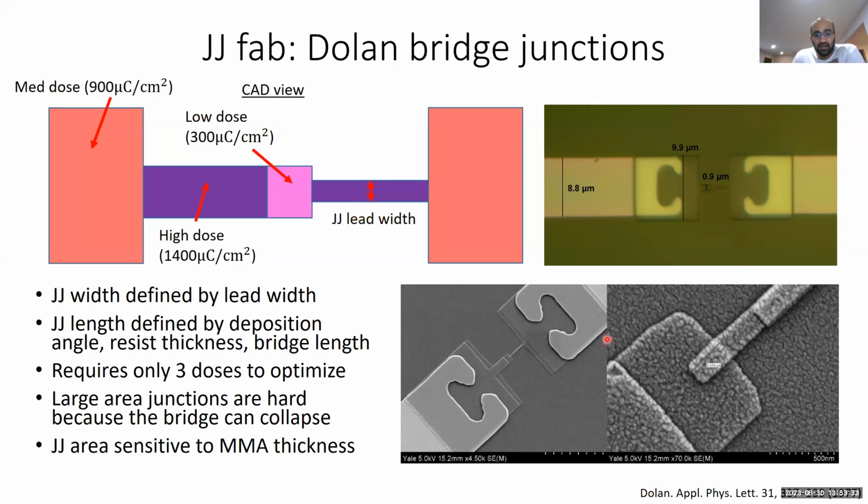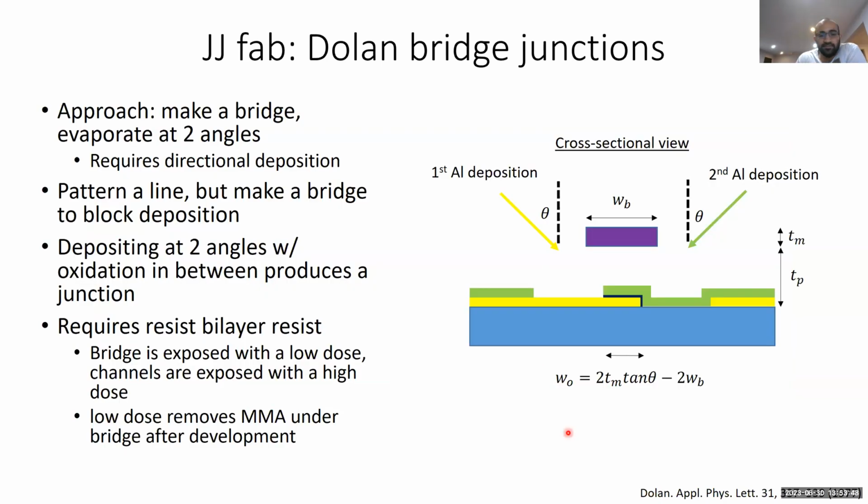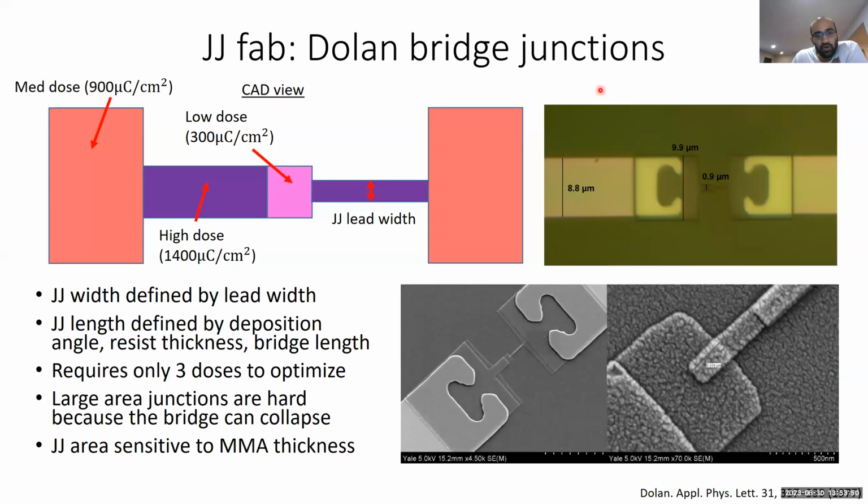The junction length, so this overlap length here, is going to be determined by the deposition angle, the resist thickness, and the bridge length, which is basically this parameter right here. And importantly, there are really only 3 different doses here that need to be optimized.